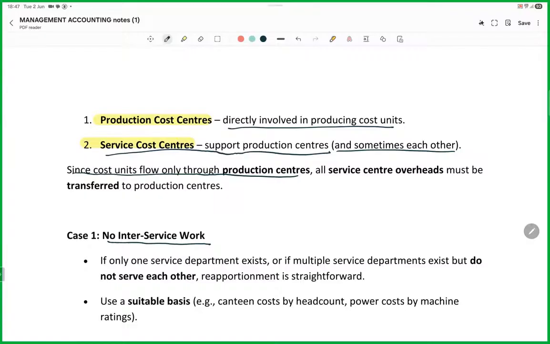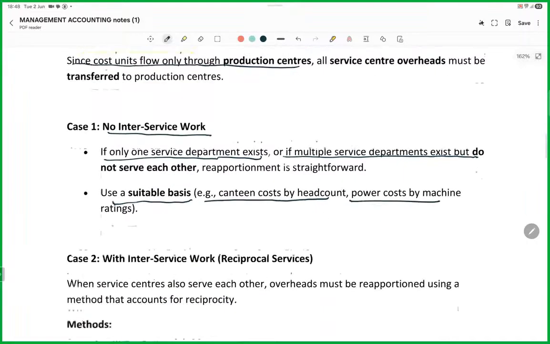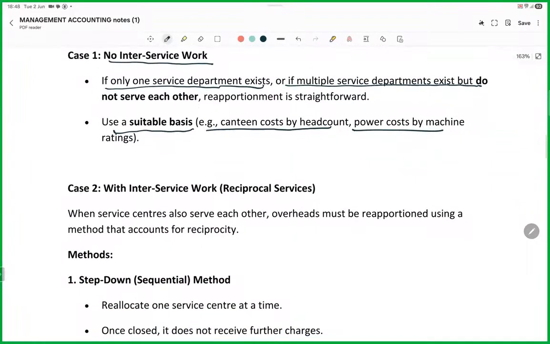If only one service department exists, or if multiple service departments exist but do not serve each other, reapportionment is normally straightforward. Use a suitable basis, e.g. canteen cost by head count, how many employees, power cost by machine ratings. Case number 2 is where we have inter-services.